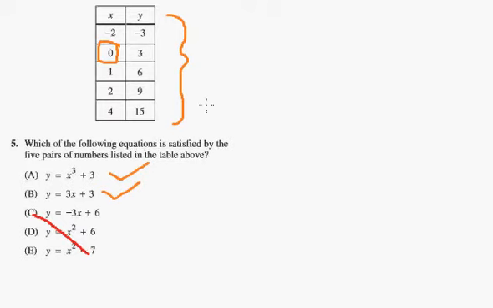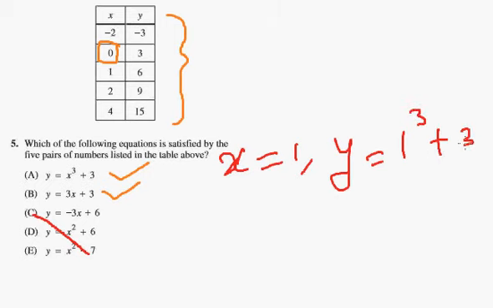So let me write this up. For equation A, if x is 1, y is 1 cubed plus 3, which is equal to 4. So that's not what we want. So A is not going to work.